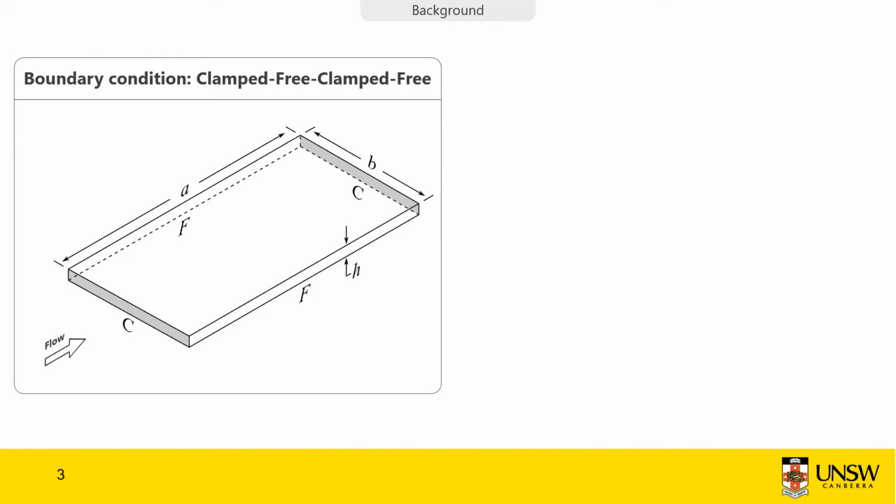But I think it's important for us to understand that at a fundamental scale, so that we can move on to more realistic structures without losing accuracy in our aeroelastic prediction tools.